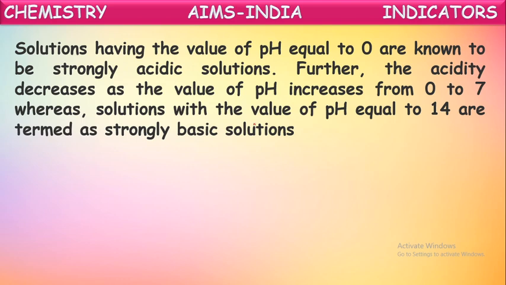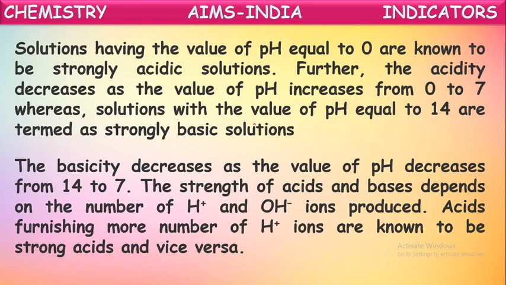Further, the acidity decreases as the pH value increases from 0 to 7. Whereas solutions with a pH equal to 14 are termed strongly basic solutions. The basicity decreases as the pH value decreases from 14 to 7.